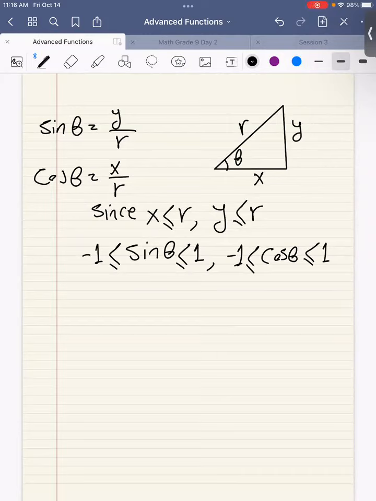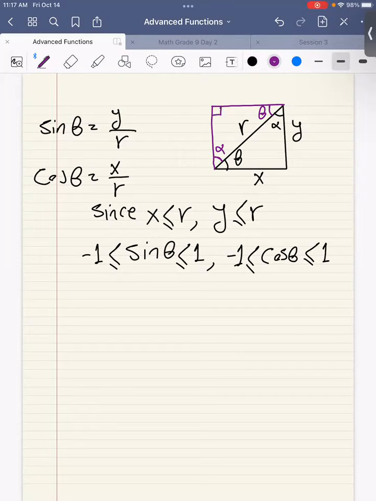Another observation is that if I make a complement of this triangle, something like this, and I call this angle alpha, so this angle is alpha, and this angle is theta, right?